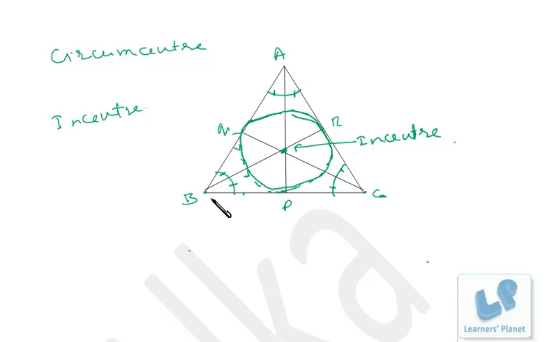This is tangent, and this is tangent. So this is the incenter. You got the difference from the circumcenter. Through the circumcenter you can draw a circumcircle, through the incenter you can draw an incircle. The incircle is inside the triangle, the circumcircle outside the triangle.